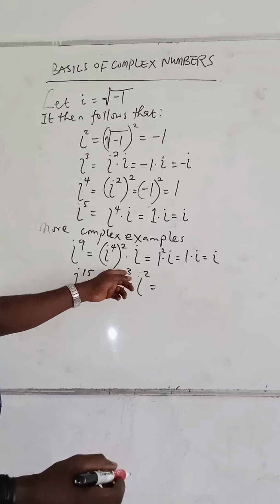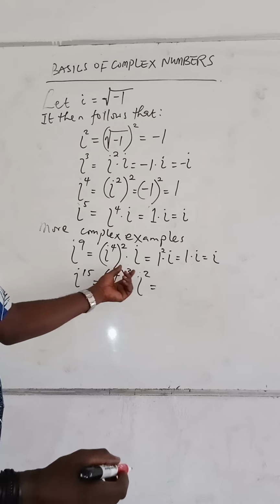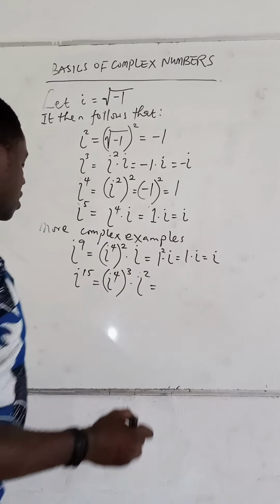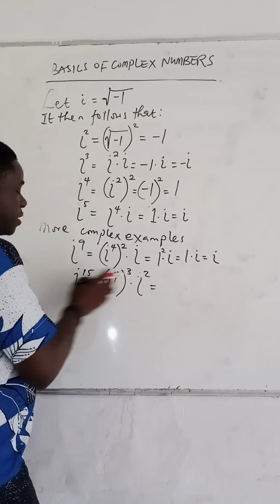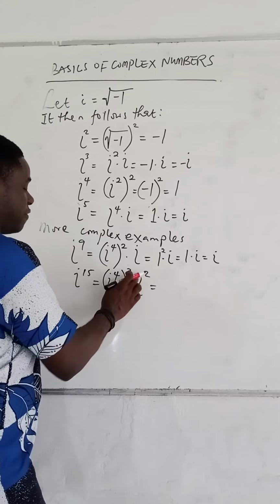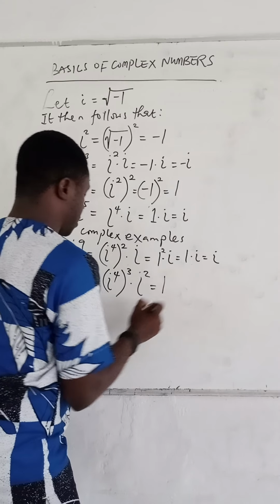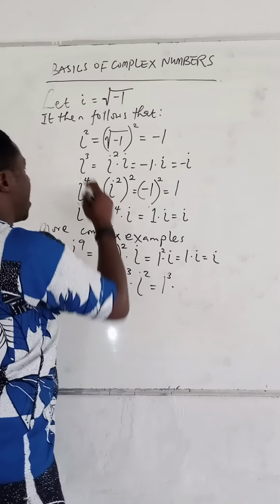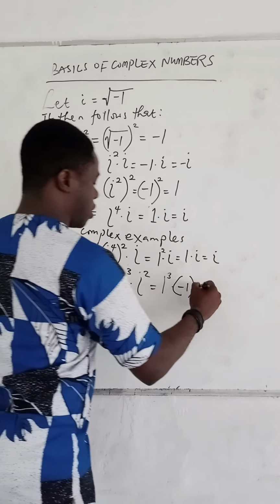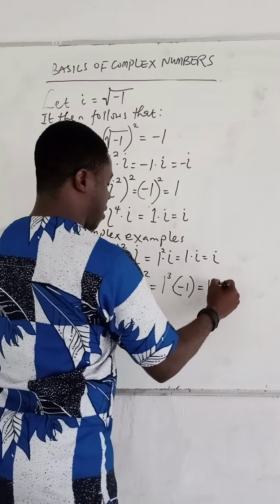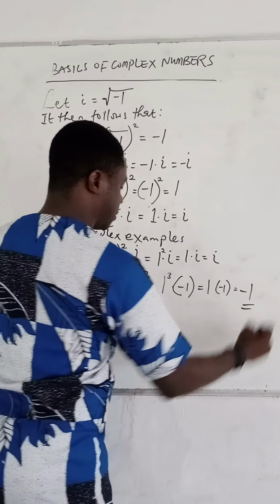By the laws of indices, multiplying these and adding the powers 12 plus 3 gives 15, so they are the same, but different representations. We already know i raised to power 4 is 1, then 1 cubed multiplied by i squared, which is minus 1, gives minus 1.